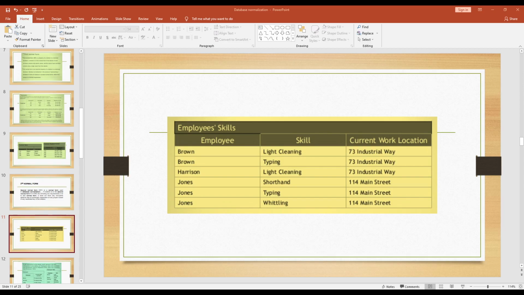It is, for example, possible to update Jones' work location on his shorthand and typing records and not update his whittling record. The resulting data would imply contradictory answers to the question, what is Jones' current work location?